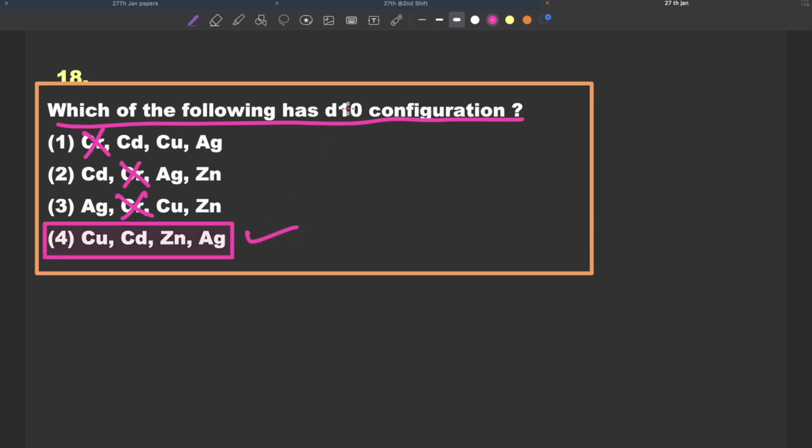The question is well made, but the options are made very easy. We know that copper has 3D10 configuration with 4s1, cadmium has 4D10 configuration, zinc has again 3D10 configuration, and silver has 5D10 configuration. So the answer for this question is the fourth option.